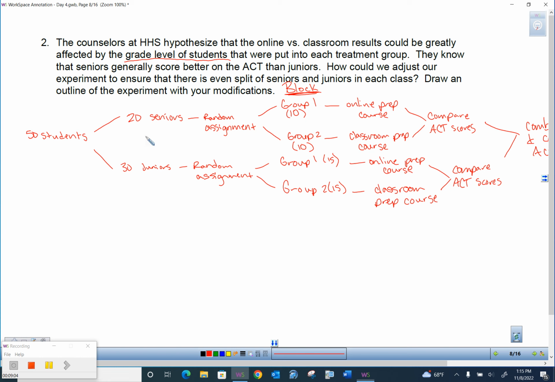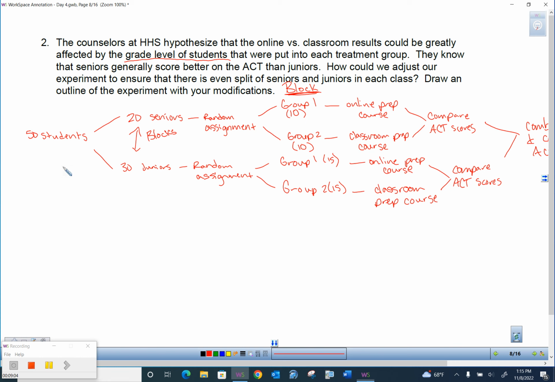And I want to really emphasize these are our blocks, and they are not the same thing as strata. Okay, it seems like we're stratifying into two different groups because it's intentional, but the big difference between strata and blocks is when the separation is happening. So here, these 50 students were chosen already for the sample.